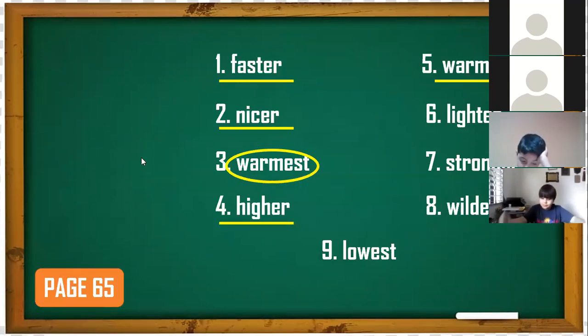Now, let's continue. Jose Miguel, could you please help me reading the sentence number 6? The situation was like... Okay, in that one, Jose Miguel, it is underline or circle?